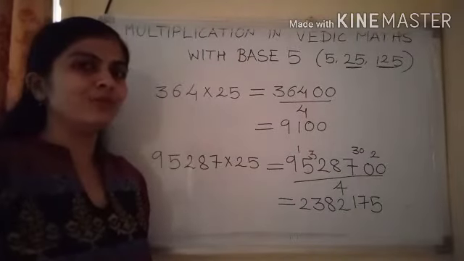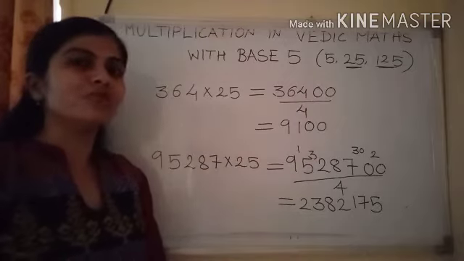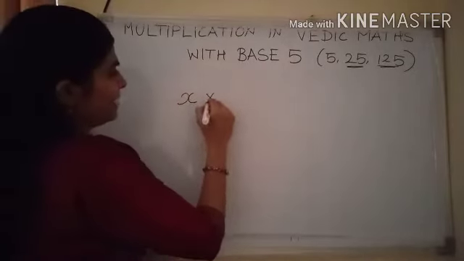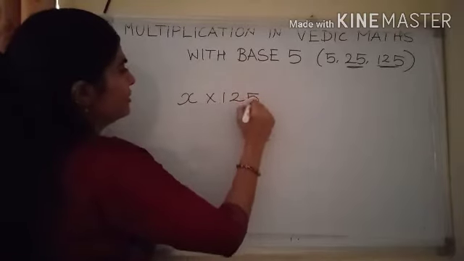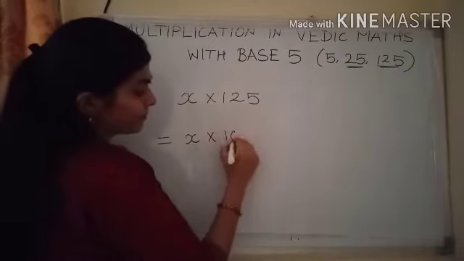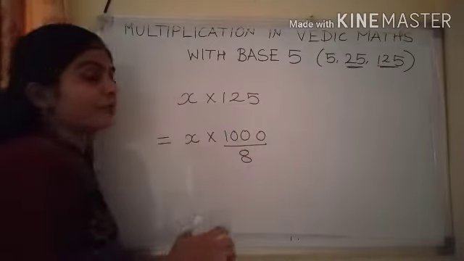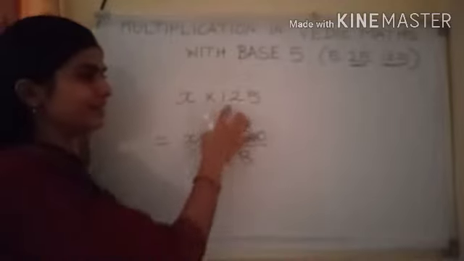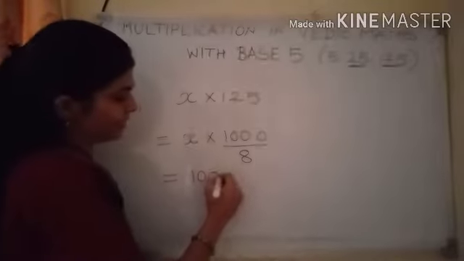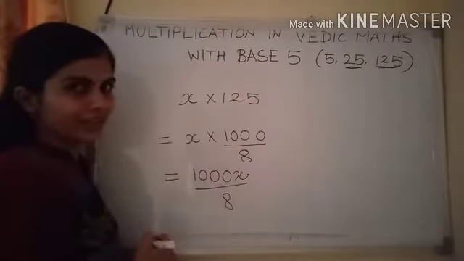If we need to multiply any number with 125, then what is the procedure? If we multiply any number with 125, that can be rewritten as 1000 divided by 8, because 1000 divided by 8 is 125 only, so this is nothing but 1000 into x divided by 8.